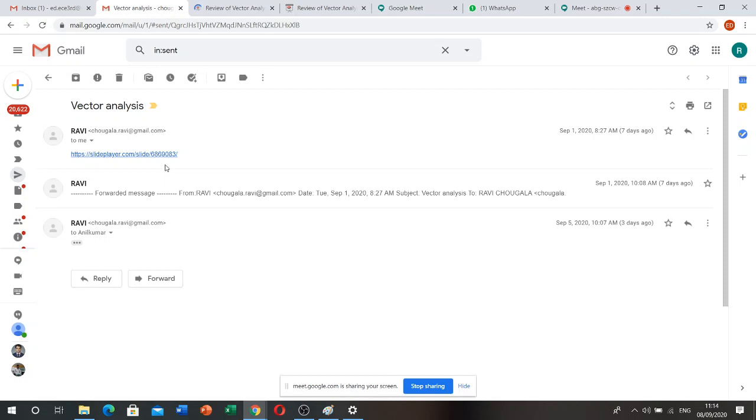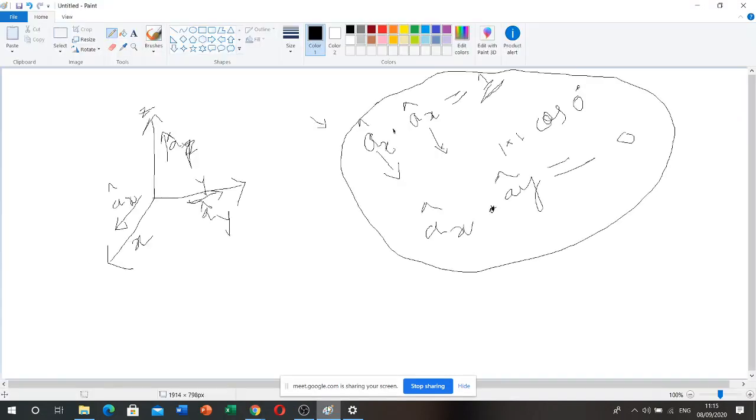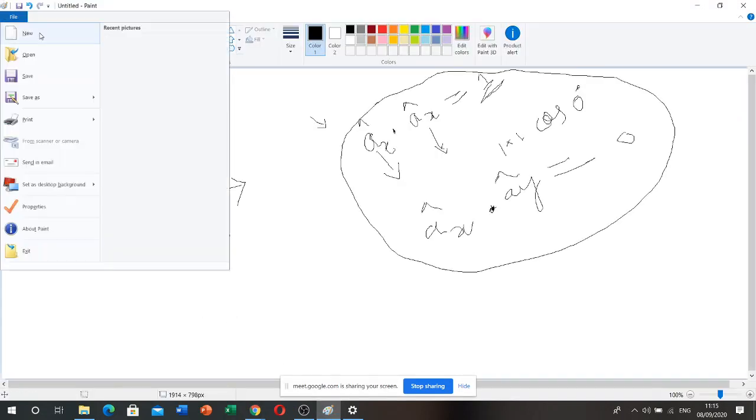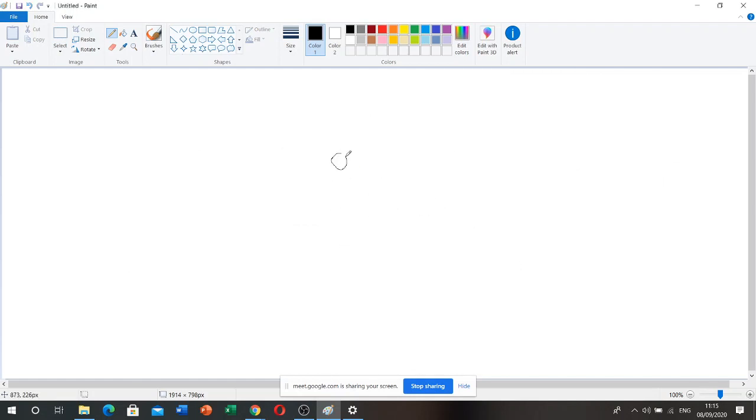Now, similarly, go back to this paint. Now tell me, ax cap cross ay cap is equal to what?